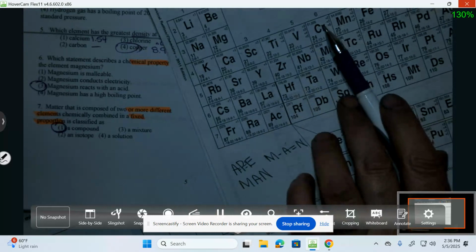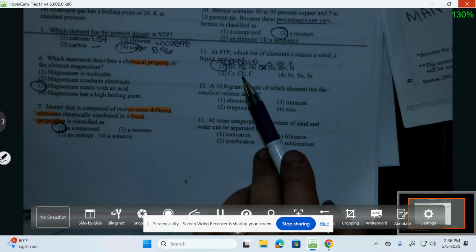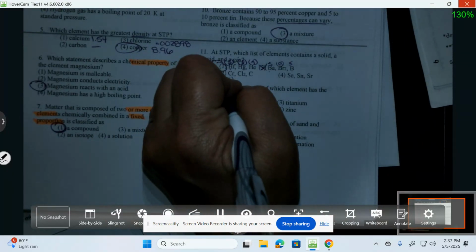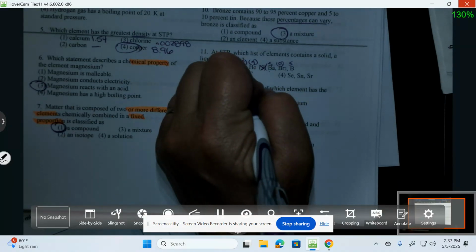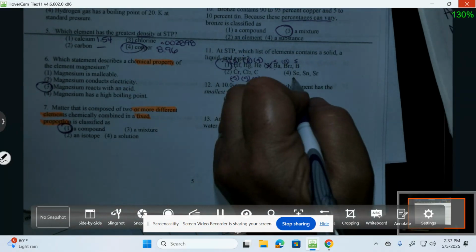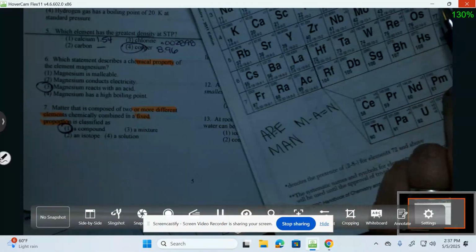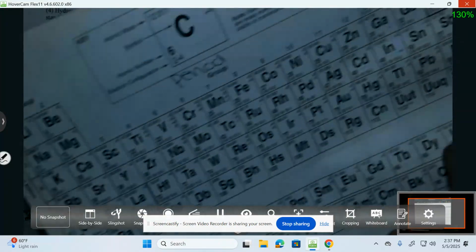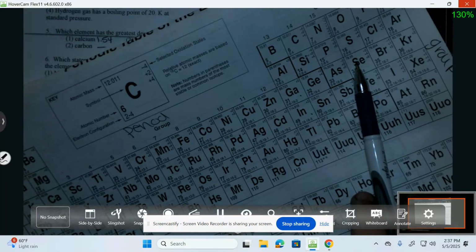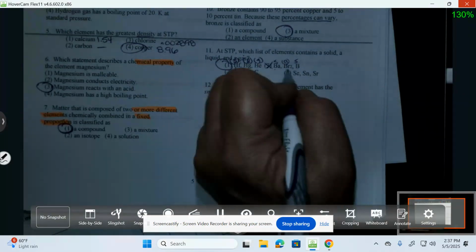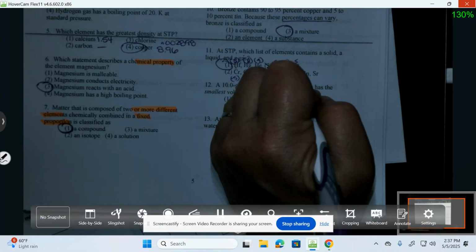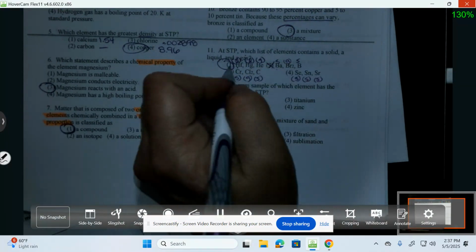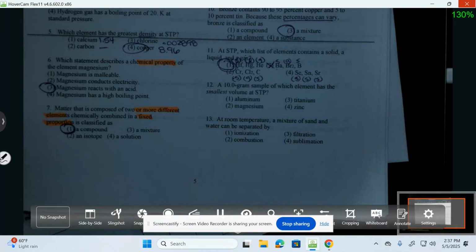Chromium, solid. Chlorine, gas. Carbon, solid. So that's not our answer. Selenium, Se, right here. It's a solid. Tin, solid. Strontium, solid. So it looks like 1 is our answer.